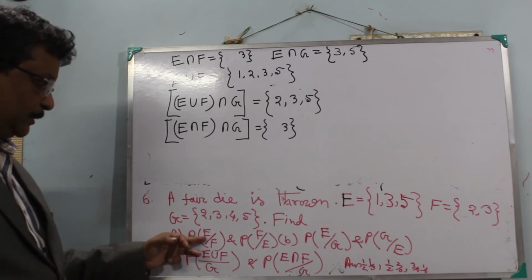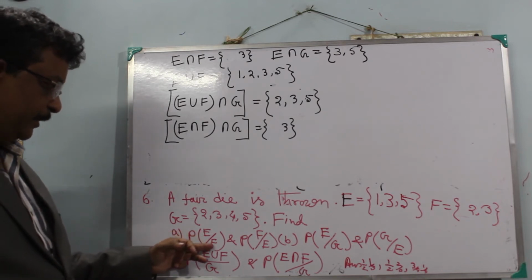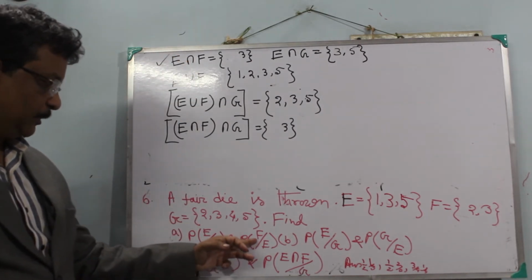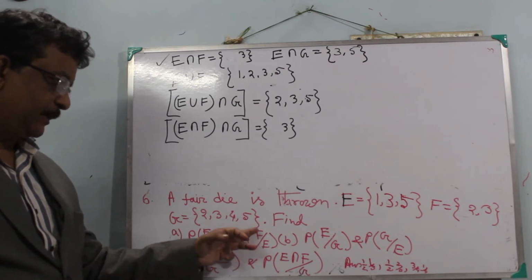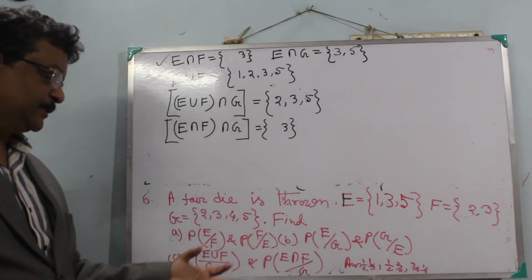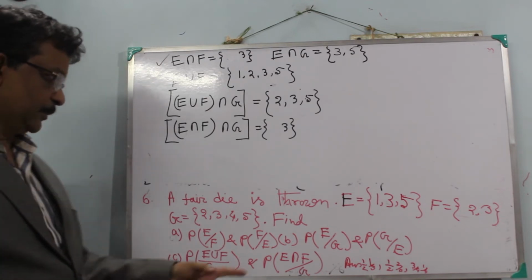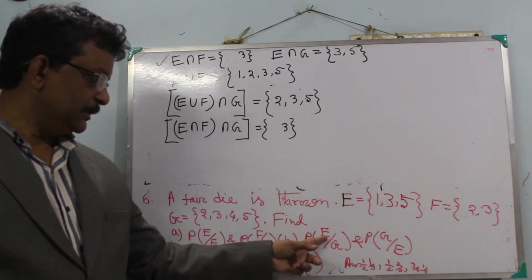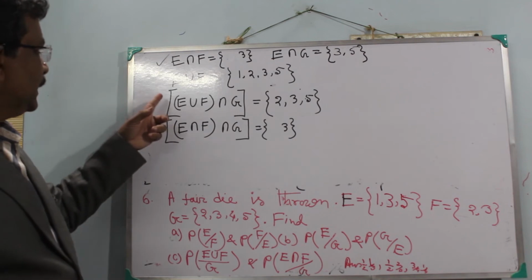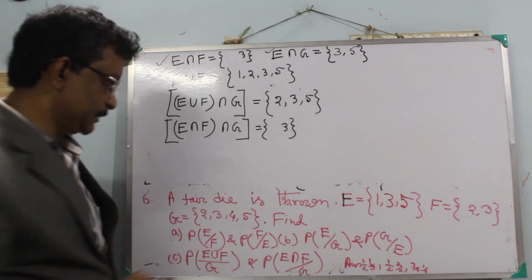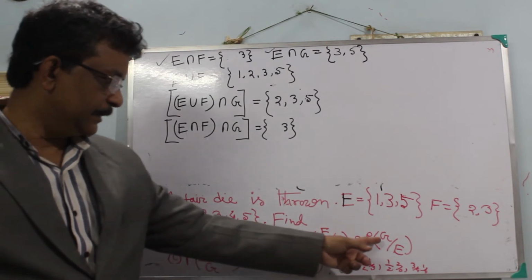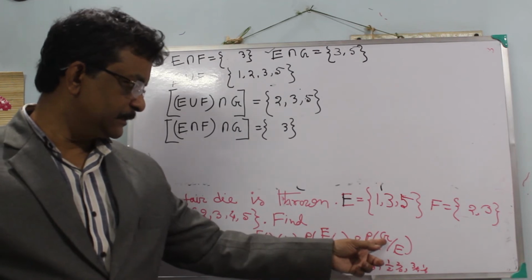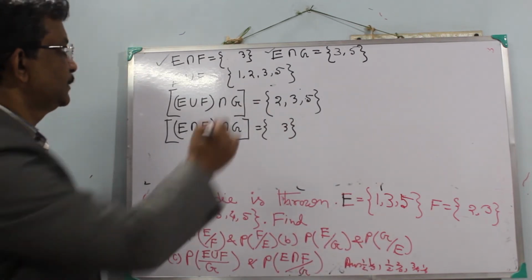So we have to calculate E intersection F. Then the probability of F when E has occurred, again we need E intersection F. Probability of E when G has occurred requires E intersection G, and probability of G when E has occurred also requires intersection of G and E. It will solve the purpose.